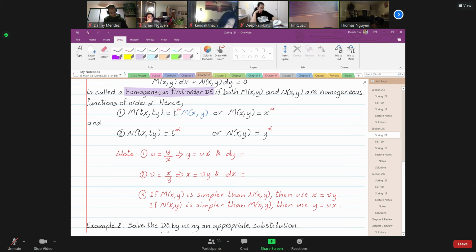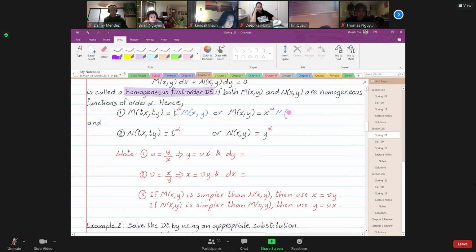But you know that M is a homogeneous function of order alpha. That means from here, I can also factor out x to the alpha. So here I get what? What do you do to this? 1 and y over x.